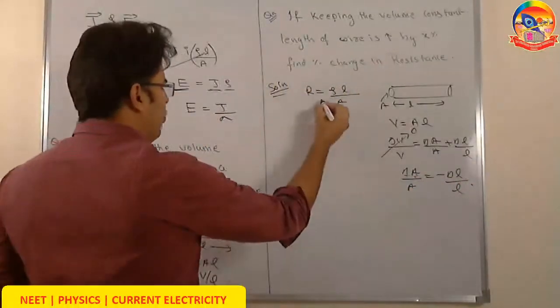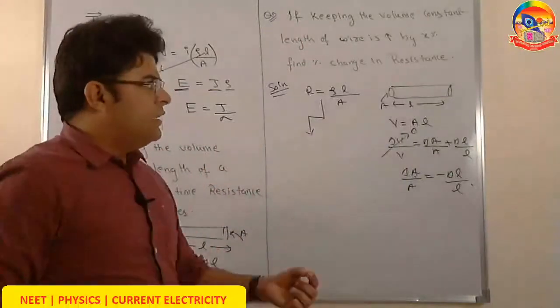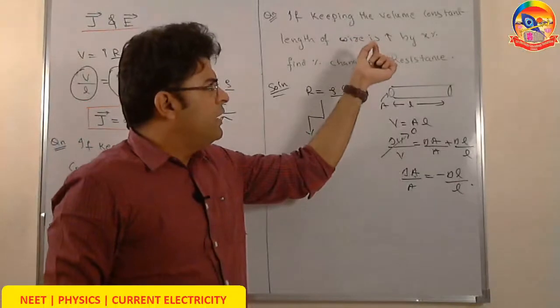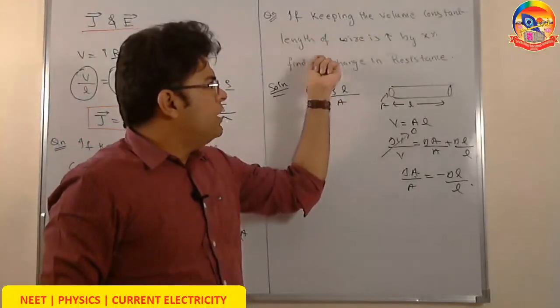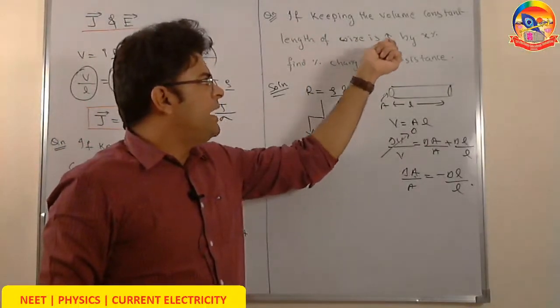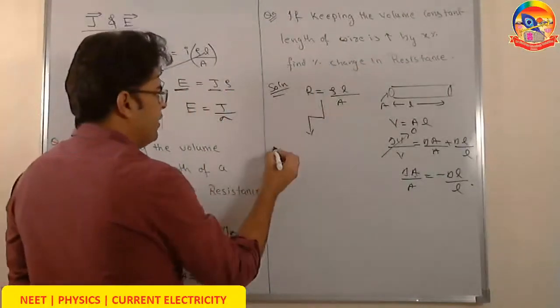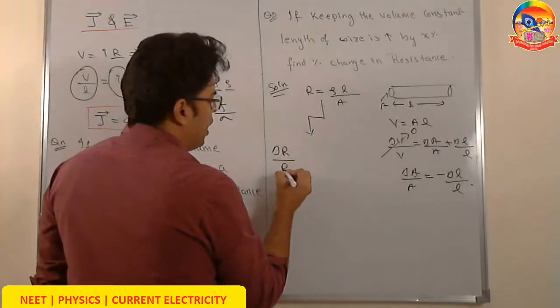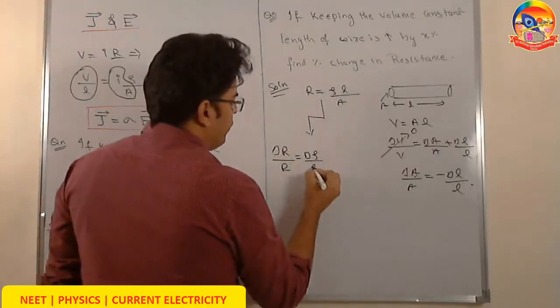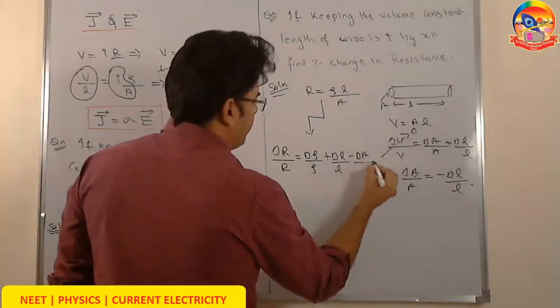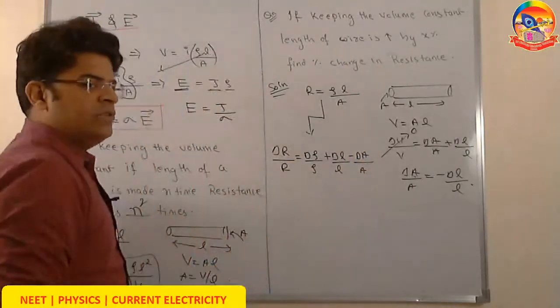Now let's go back here. We need to find, keeping the volume constant, if the length of the wire is increased by x%, the percentage change in resistance. So now here you can write delta R by R equals delta rho by rho plus delta L by L minus delta A by A. Because of stretching, the resistivity won't change.